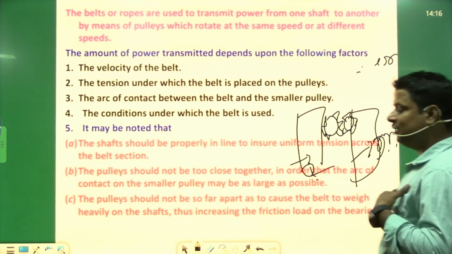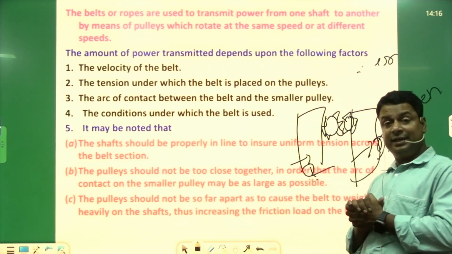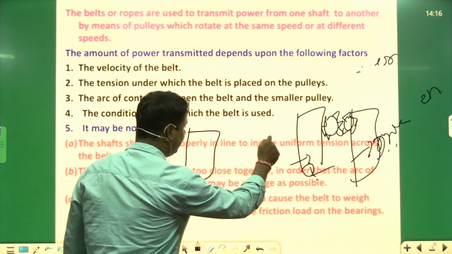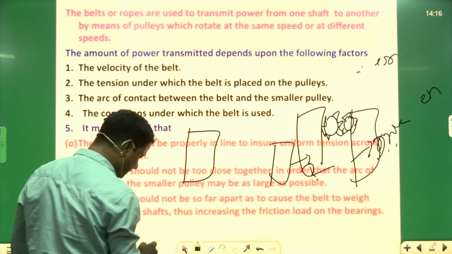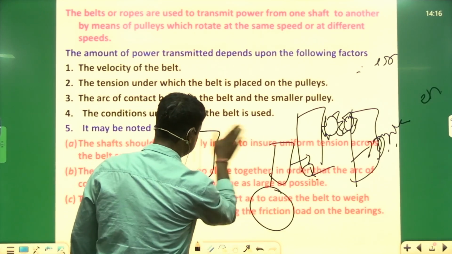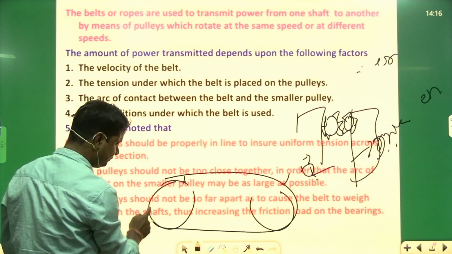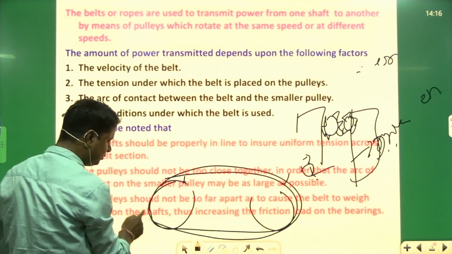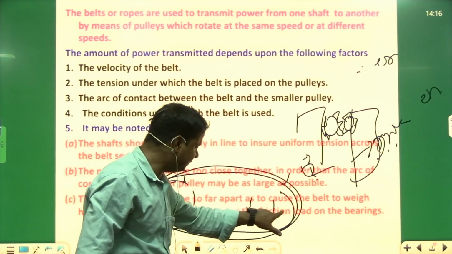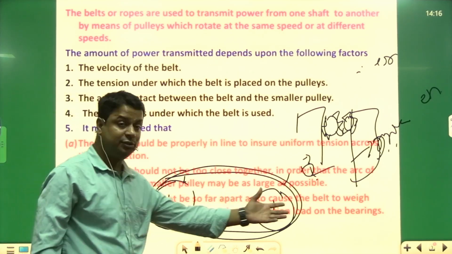Now, in the same manner, if you use a belt, then slip occurs. It means the belt will get loose. If we connect these two pulleys with the help of a belt, and the belt gets loose, it will not transfer the desired motion from driver to driven.